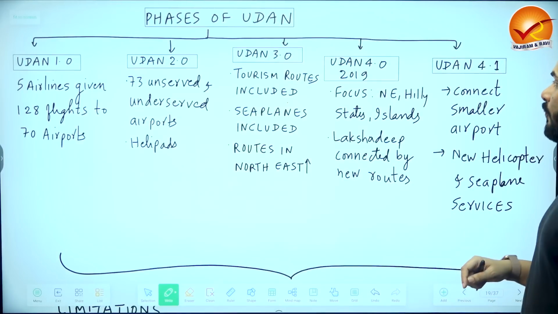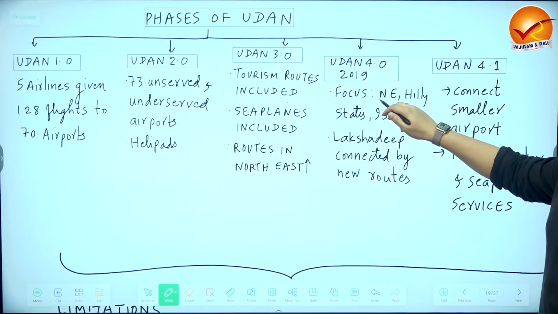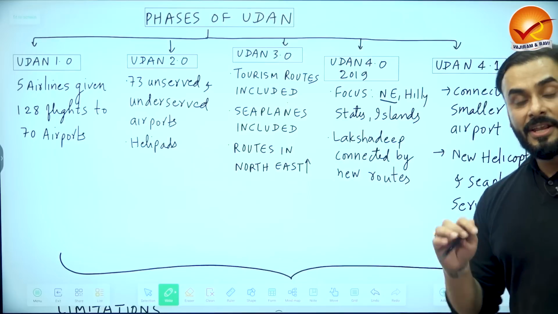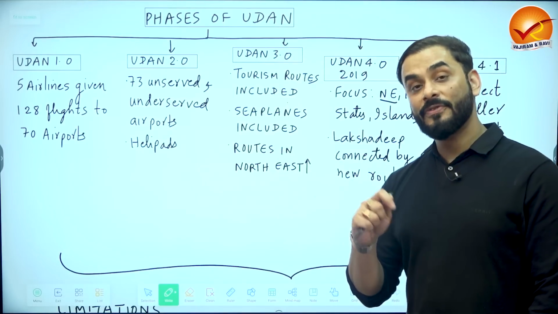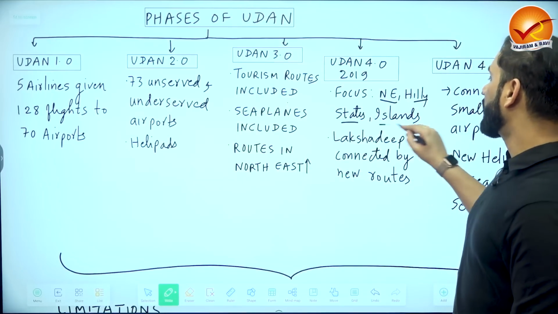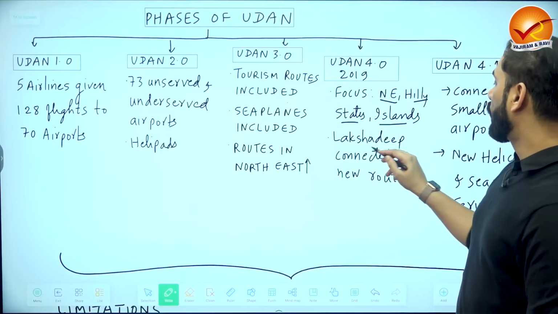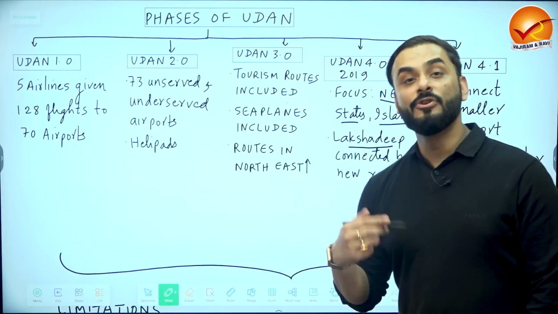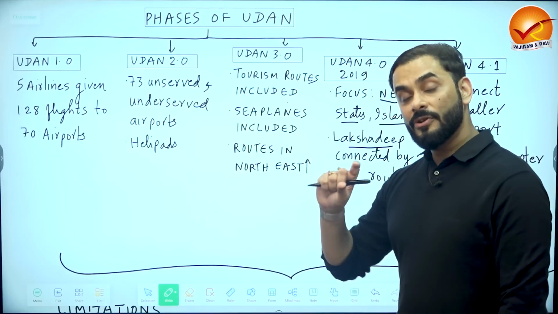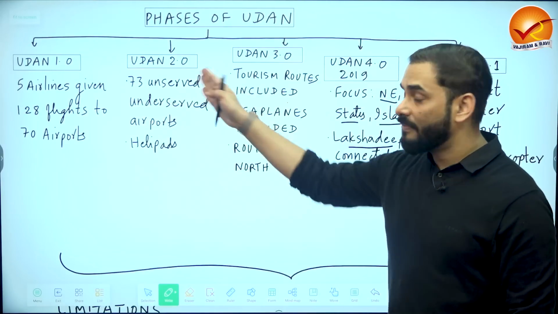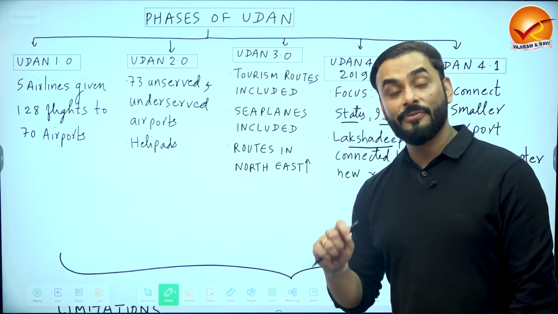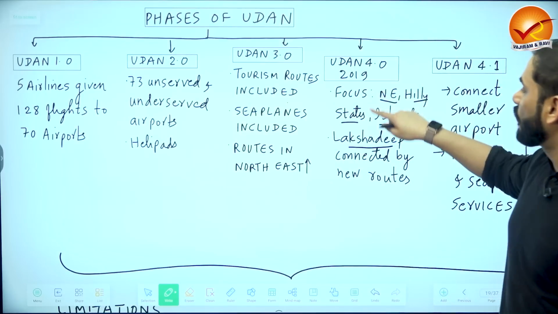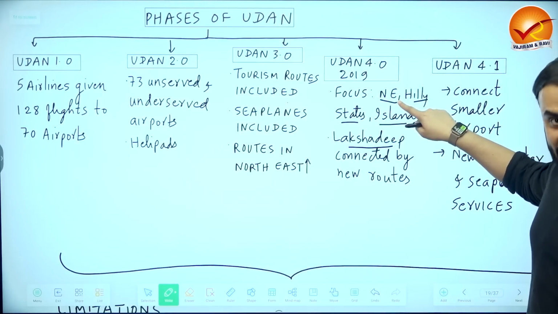UDAN 4.0 in 2019 had a focus on the northeast, which means regional connectivity of the northeast, hilly states and islands. And in UDAN 4.0, Lakshadweep was connected by new flights. So look at the focus areas. In every phase of UDAN, the focus area is different. In UDAN 4.0, the focus area is inaccessible areas, right?